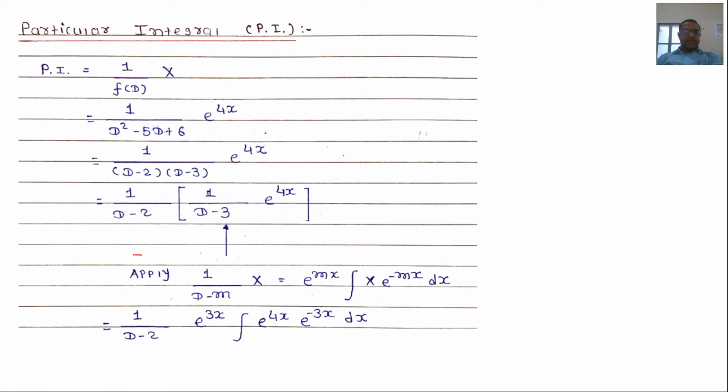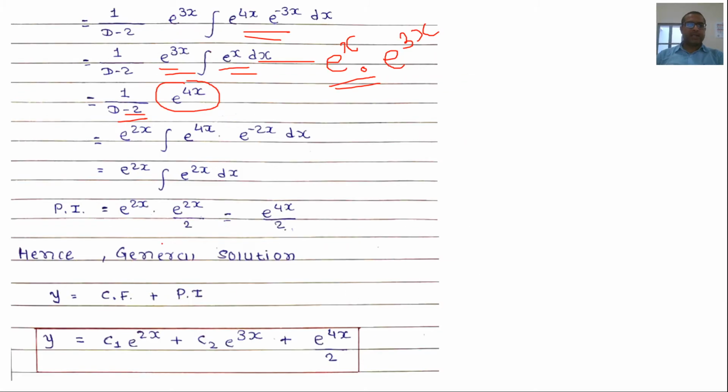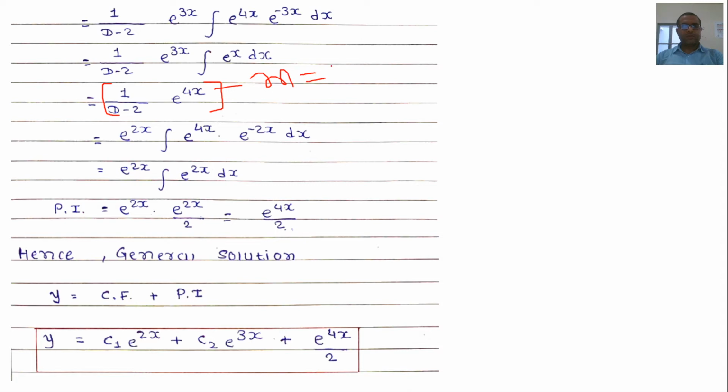Again apply this rule, that means 1 upon D minus m of capital X is equal to e raised to mx integration X e raised to minus mx dx. So you will get 1 upon D minus 2 e raised to 4x. Now here m is equal to 2 and capital X is equal to e raised to 4x.